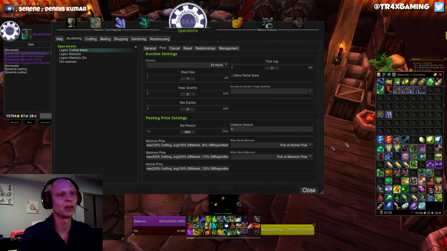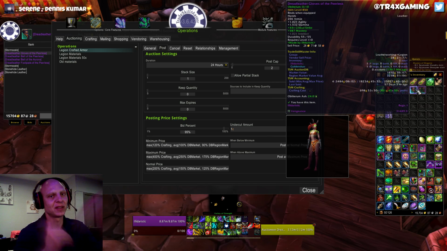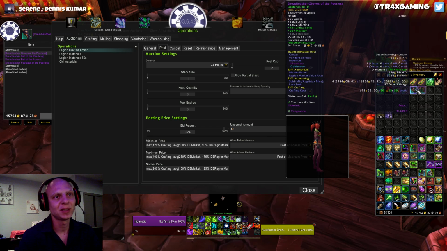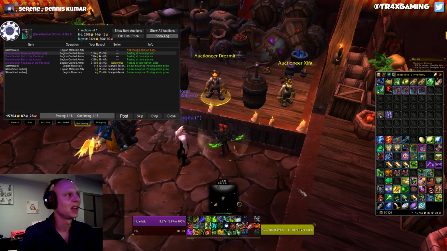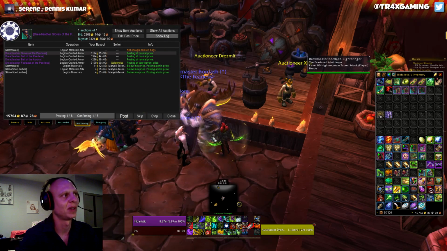So we have 250, 175. So 250 times 1450, 2 times it's 3,000 gold, and then 50% extra, which is 700. So that's 3,700. And then the region market value is 175. So it's going to go for something in between those two numbers. And that's why you get to see 3,124 as my normal price.